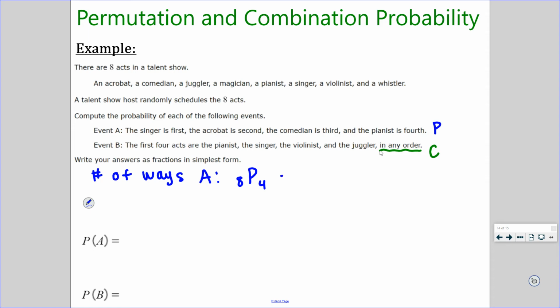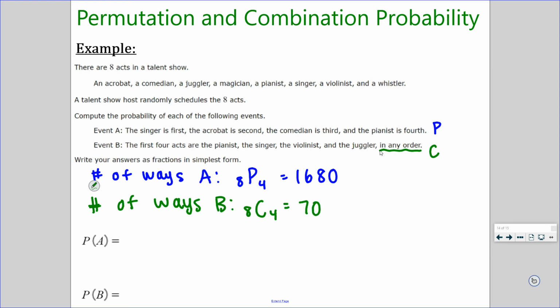All right, that I get 1,680. For event B, the only thing that changes here is the order does not matter. So I'm going to do 8 choose 4 with a combination, and there's only 70 different ways.